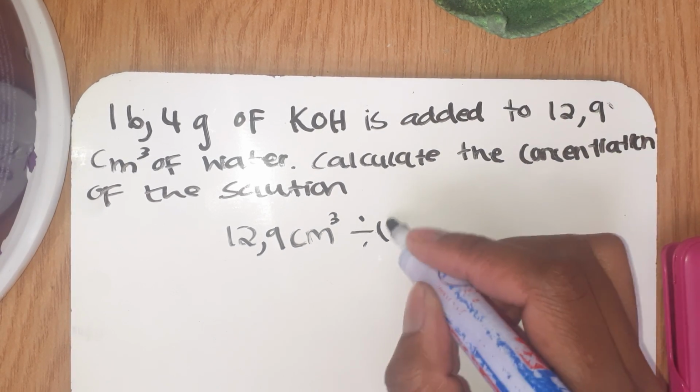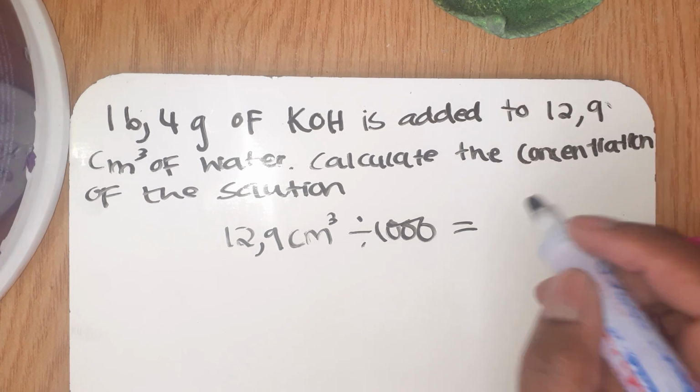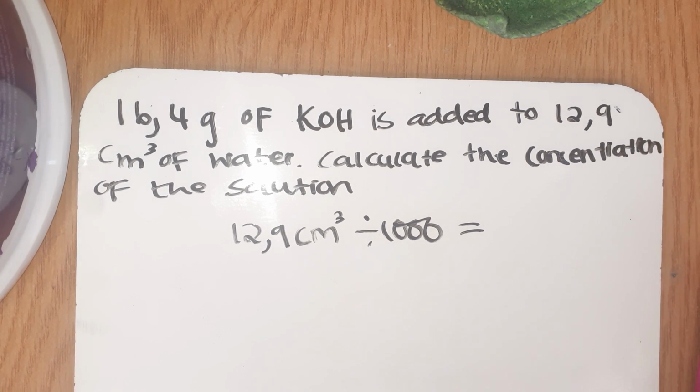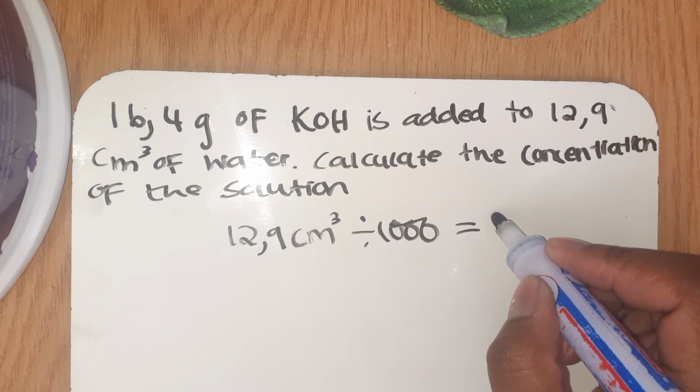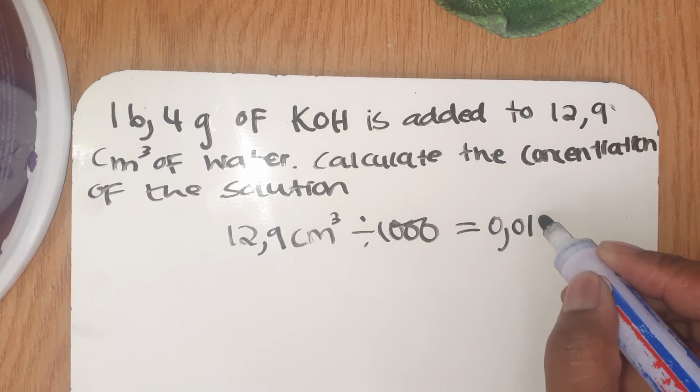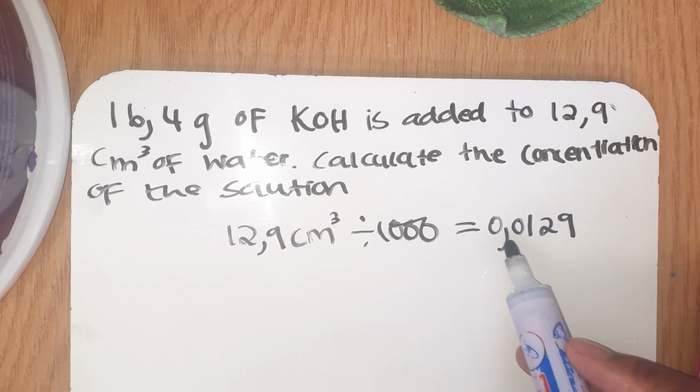By converting, we just divide by 1,000. So we say 12.9 divided by 1,000, and that is going to give us 0.0129. This is the new volume in this question.